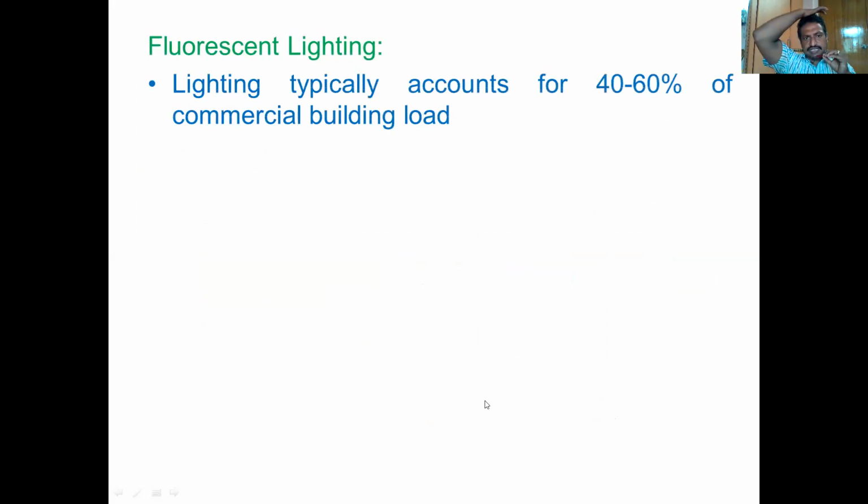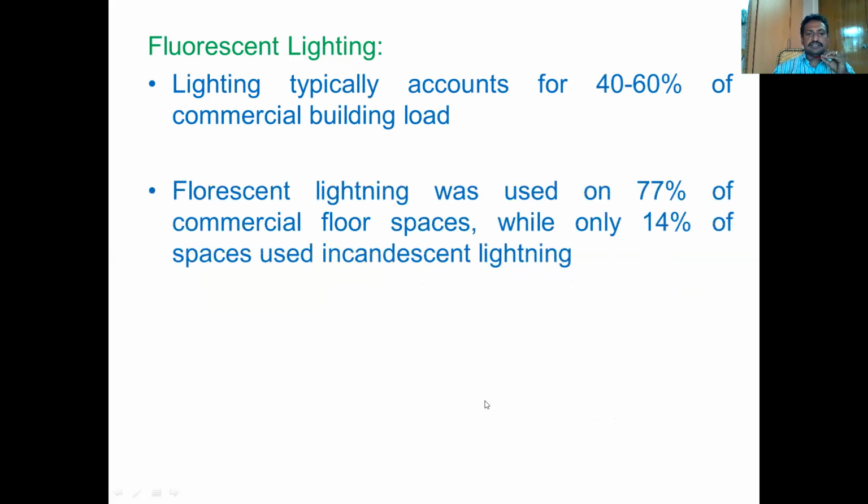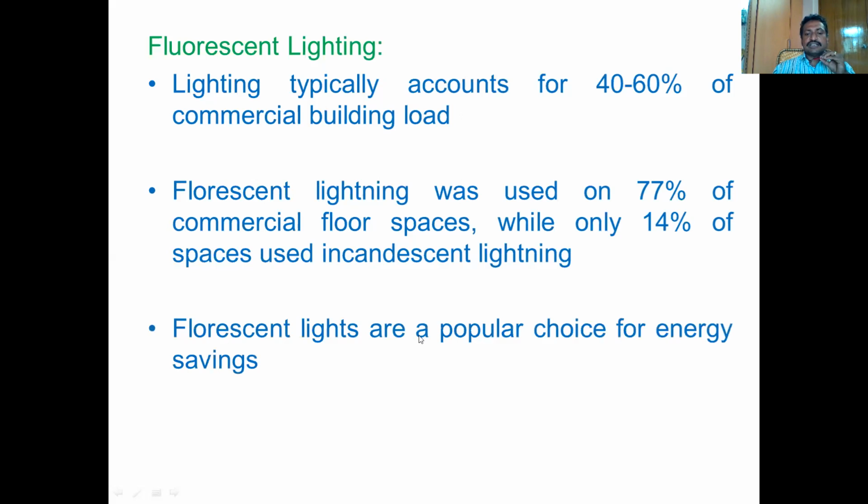And you know that fluorescent lighting is also used in 40 to 60% of commercial buildings for lighting purposes. Fluorescent lighting was used on 77% of commercial floor spaces, while 14% of space used incandescent lighting. So fluorescent lights are a popular choice for energy savings.